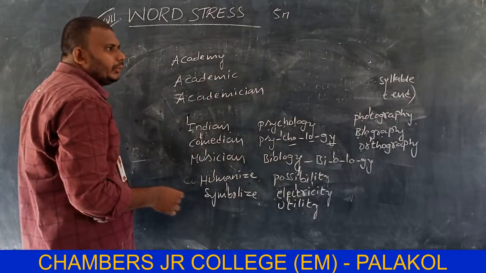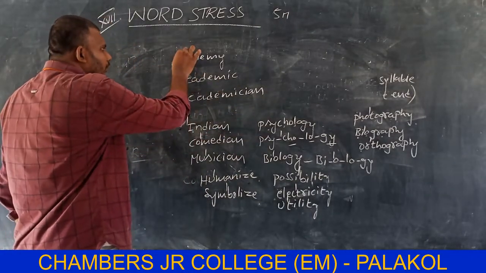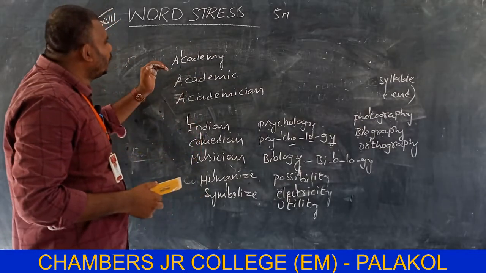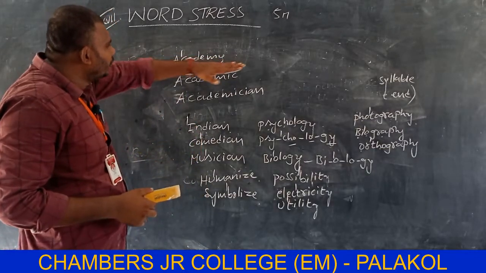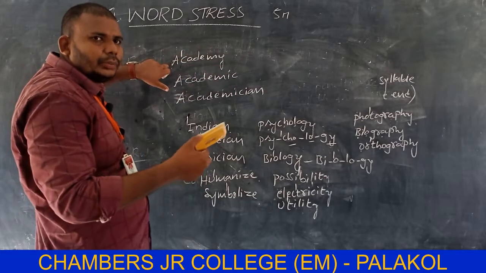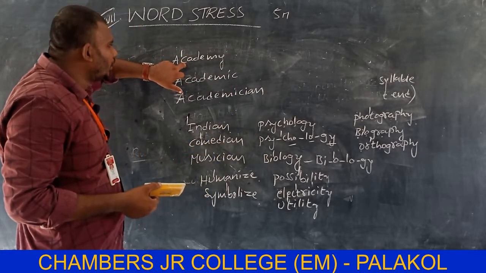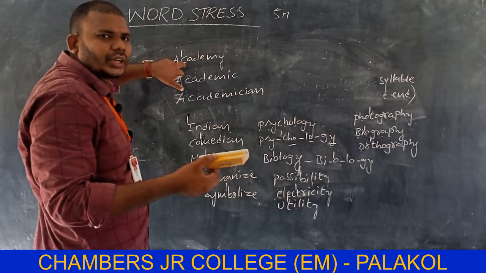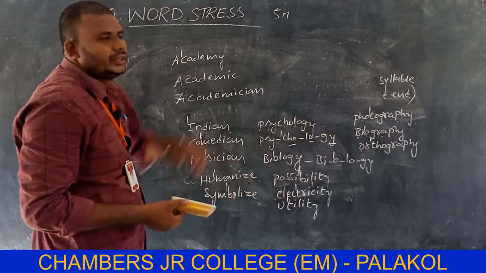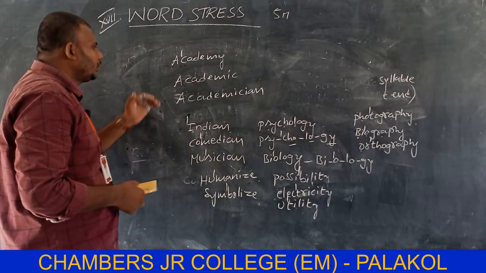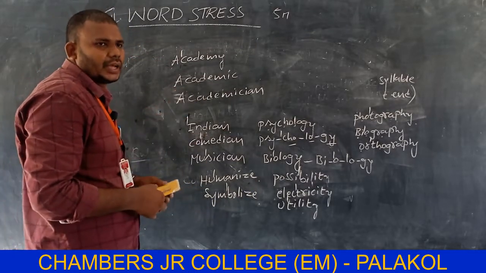Here, the word academy takes stress on C, because here we apply the rule that whenever a word begins with the prefix A, it takes stress on the second syllable. CA is the second syllable. Academy. We should pronounce it like that. And see the second one, academic.